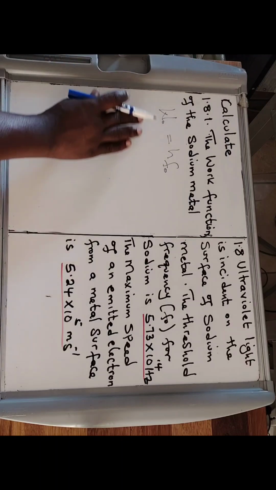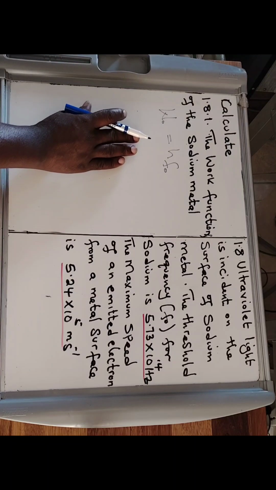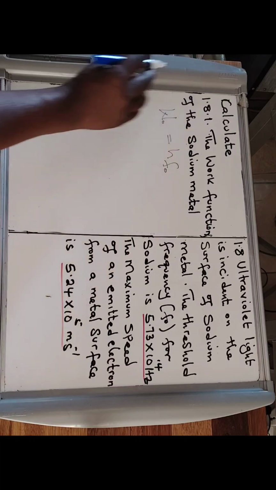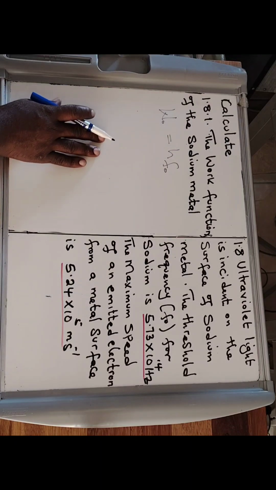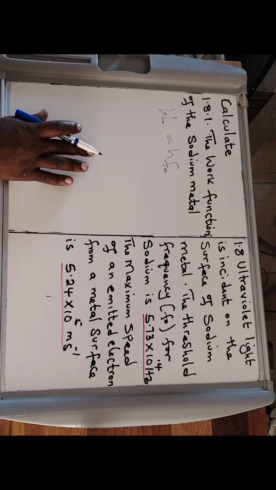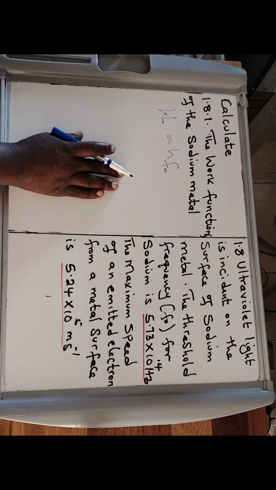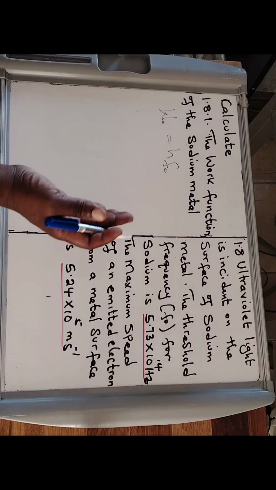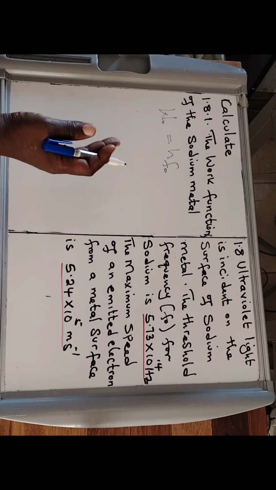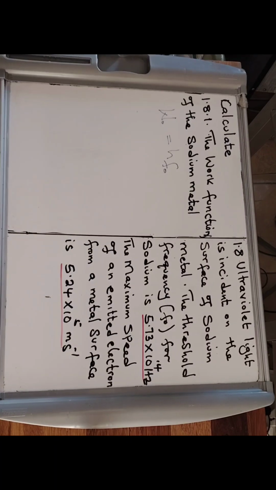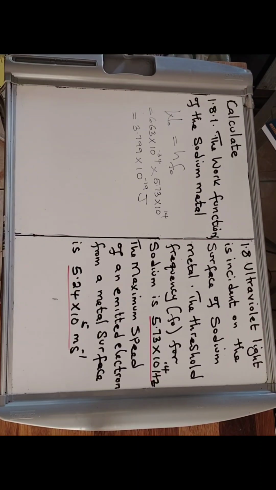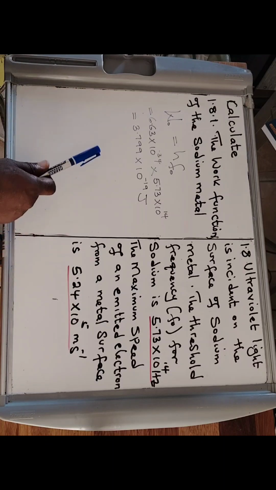So when you look at this equation, the question is looking for our work function, and we are given the threshold frequency, and Planck's constant is a constant. So it's like the question is already done. All we need is to substitute. So this is what we get after substitution.